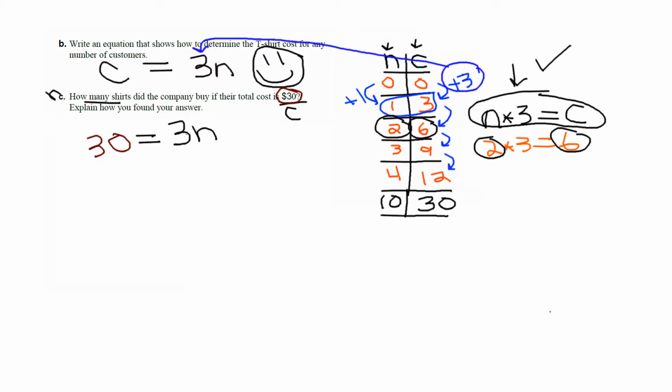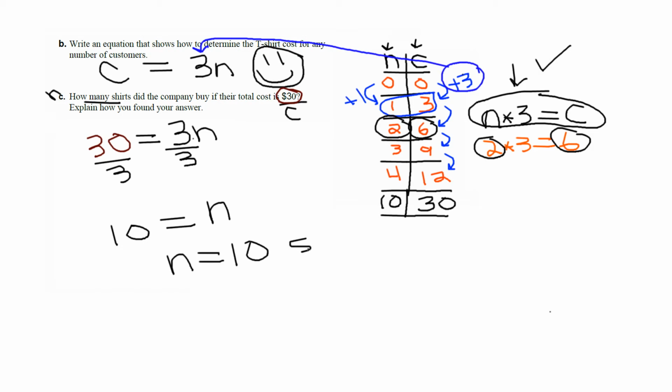And this helps us see that 3 times some number equals 30. We can divide by 3 on both sides. And we're left with 10 equals, well, 3 over 3 is 1, so that's just N. Or N equals 10, and you should probably say shirts.